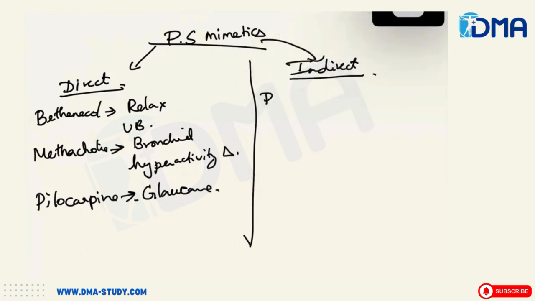Where is it used? Myasthenia gravis. Yes, it is used in the treatment of myasthenia gravis. Of course, it is also used in the treatment of glaucoma. Then it is also used as an antidote of atropine poisoning.